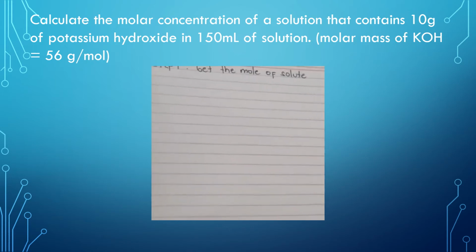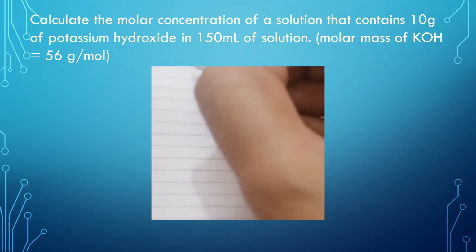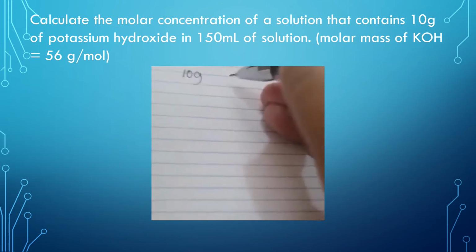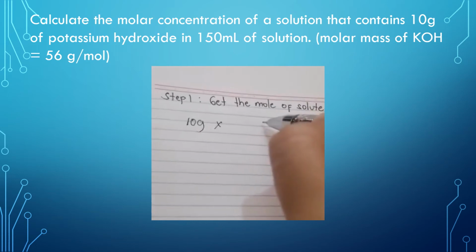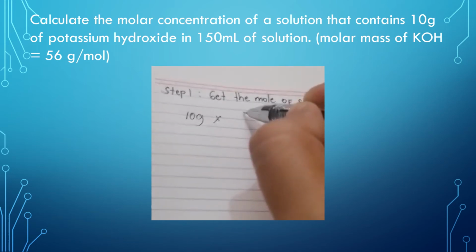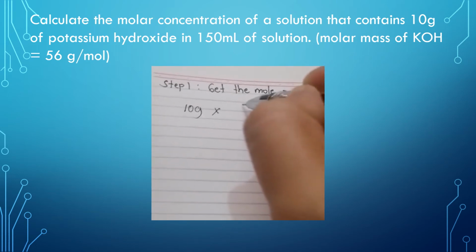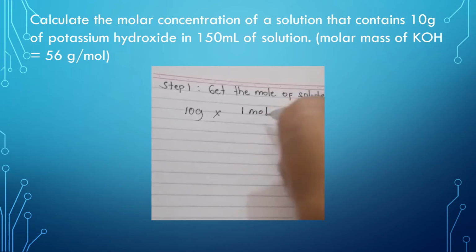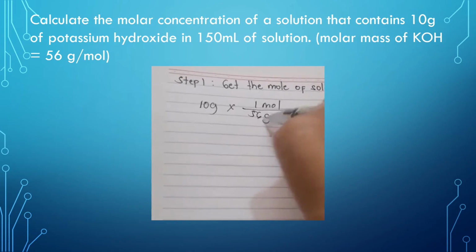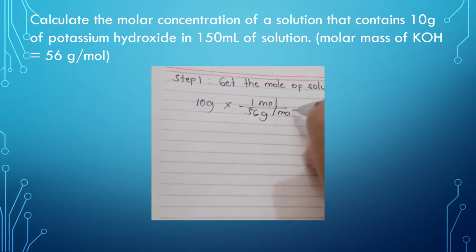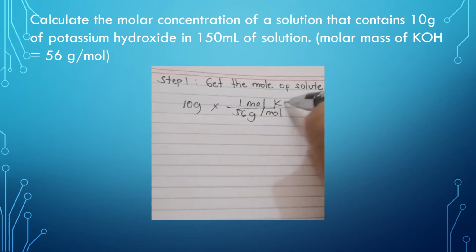So again, according to the given, we have 10 grams of potassium hydroxide. Then, our molar mass means in every 1 mole, there is 56 grams of potassium hydroxide.